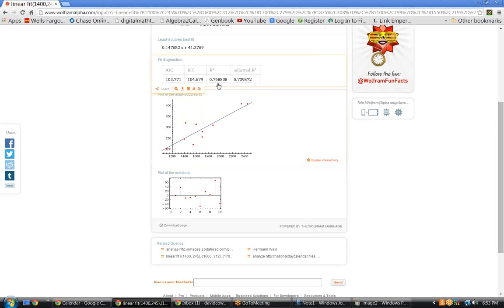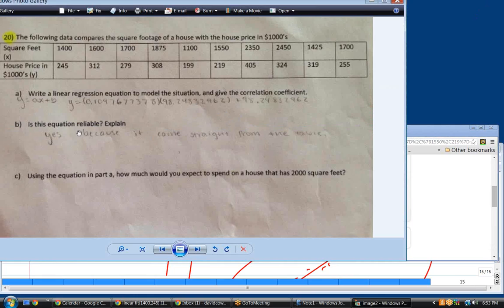It's 0.768. So I'm not sure what they want as an answer here. The reliability of the equation has everything to do with R, the correlation coefficient.